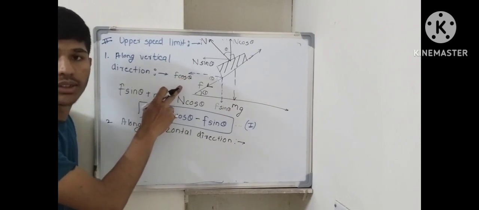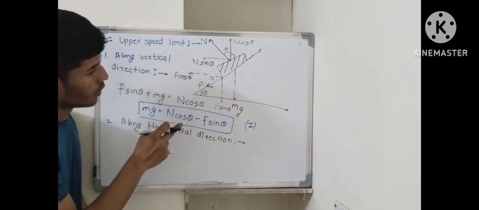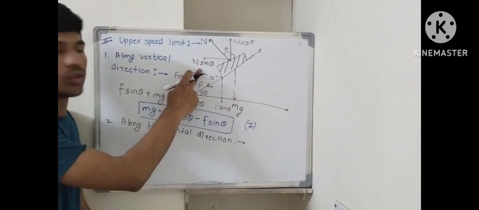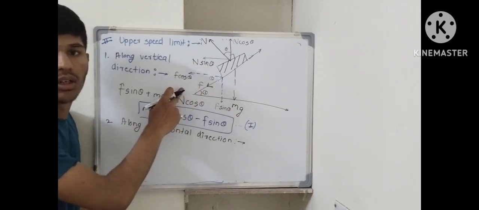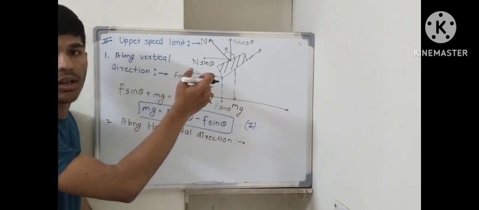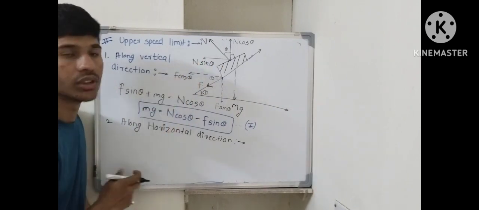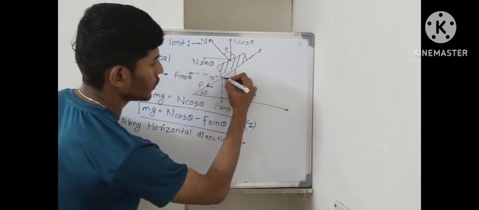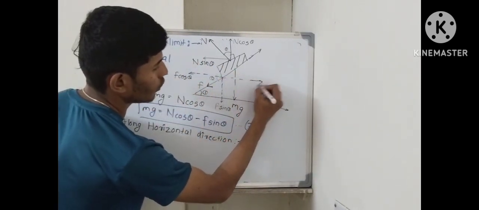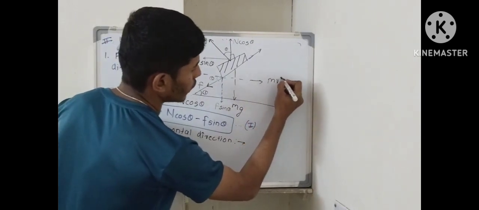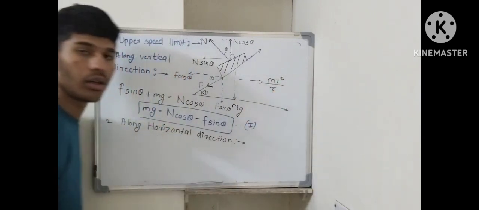The first one is f cos theta. The second one is n sin theta. So n sin theta and f cos theta. These two forces are acting in the left direction, and the force which will be balanced by these two will be centripetal force, that is mv square by r.